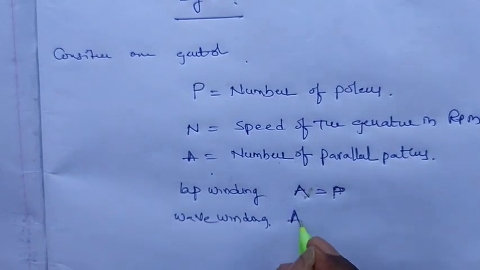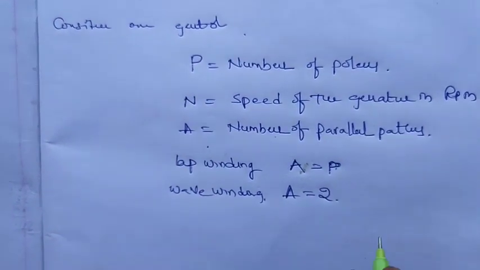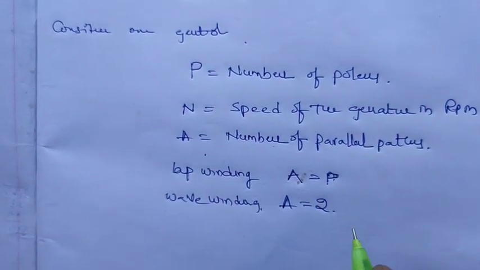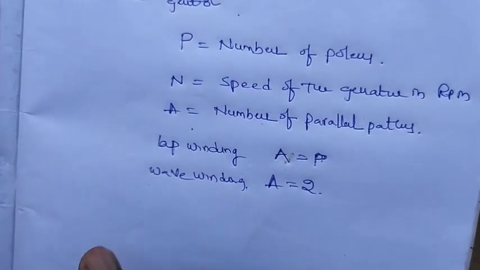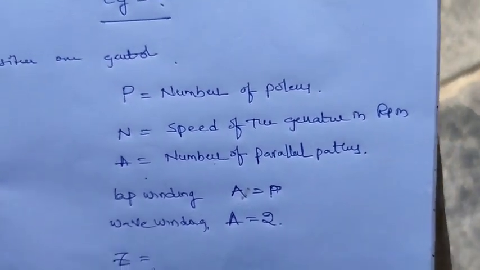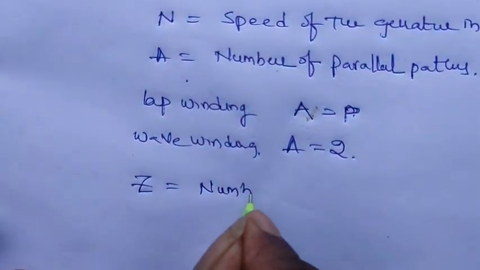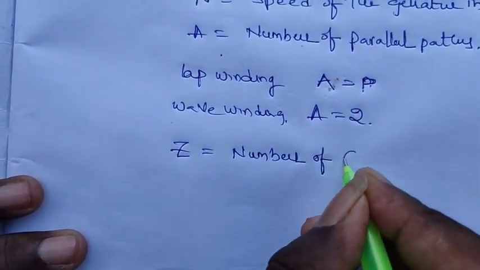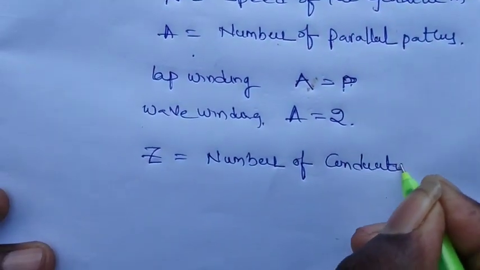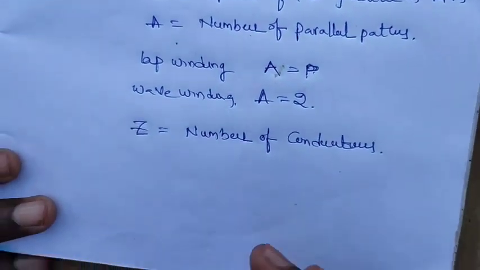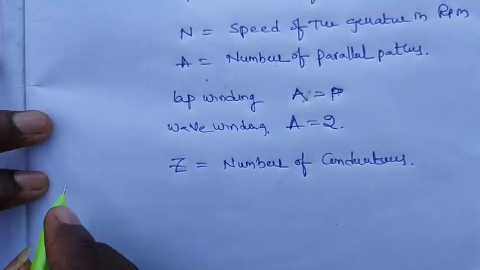In wave winding, A equal to 2 always. Next, Z equal to number of conductors.